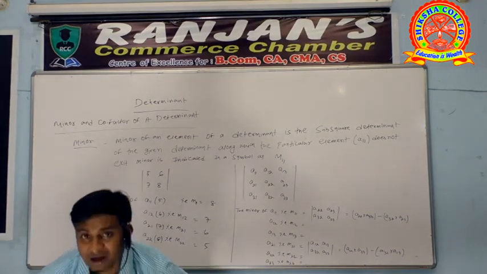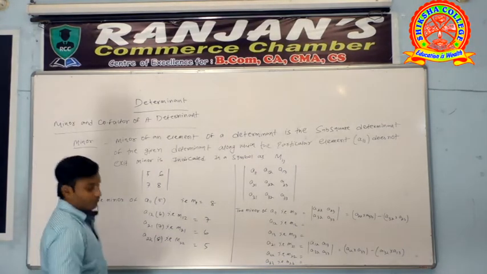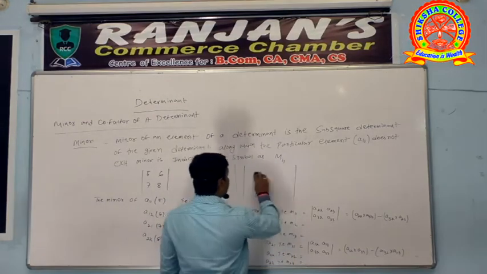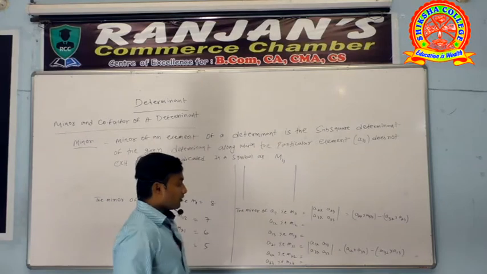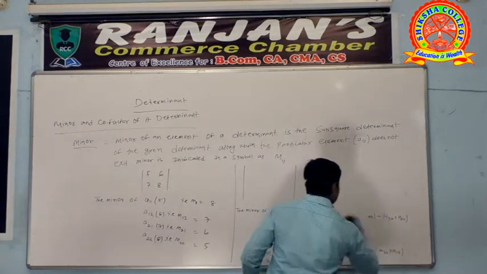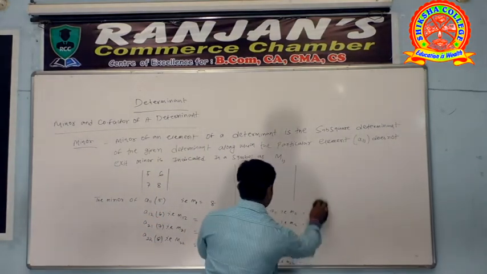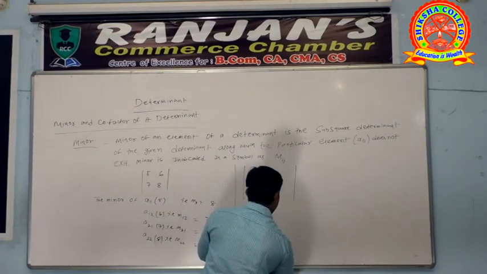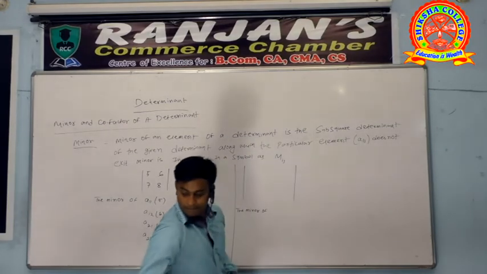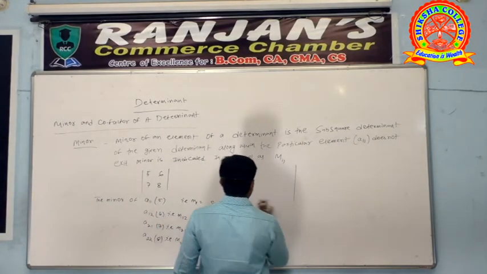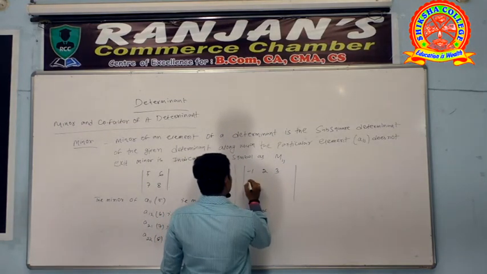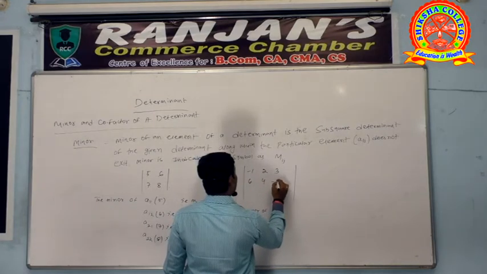Now we take the example of third order. See the values we use over here. Let me take -1, 2, 3, 6, 4, -2, 1, 3, 4.